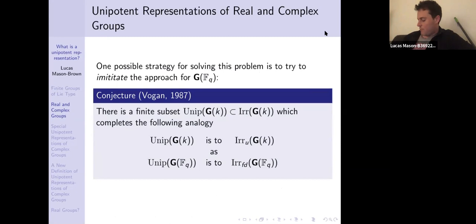So as I mentioned at the top, one possible strategy for approaching this problem is to try to imitate Lusztig's theory for finite Chevalley groups, which is to say, to find a finite set of irreducible unitary representations of G(K), which plays the same role in the unitary representation theory of G(K) that Lusztig's set plays in the finite dimensional representation theory of G(F_q).